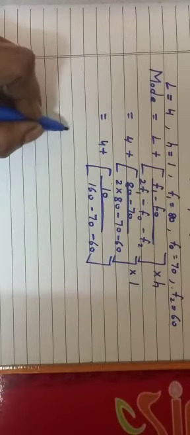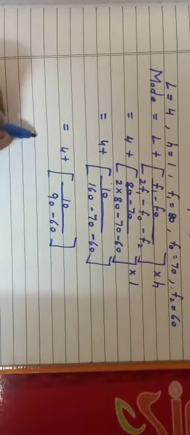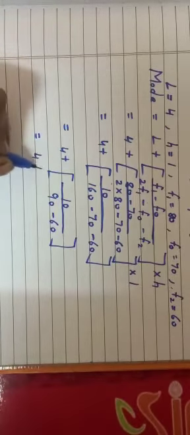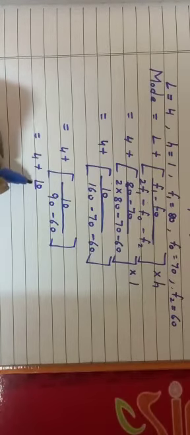Which is equal to 4 plus in bracket 10, 160 minus 70 will be 90, 90 minus 60, which is equal to 4 plus 10 upon 90 minus 60 is 30, which is equal to 4 plus 1 upon 3, which is equal to 10 ones are 10, 10 threes are 30.